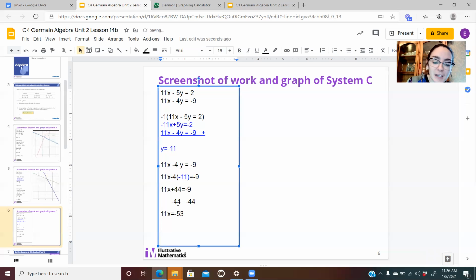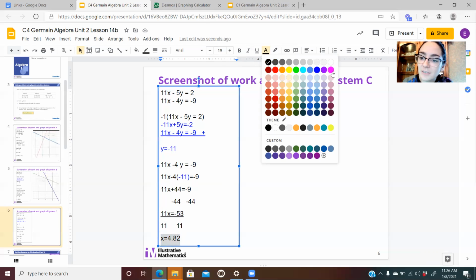To get my x by itself, I'm going to divide by 11. I'm going to underline to indicate division. And I'm going to be left with x is equal to 53 divided by 11, which is going to get me 4.82. Okay, so I have an x of 4.82 and a y of -11.